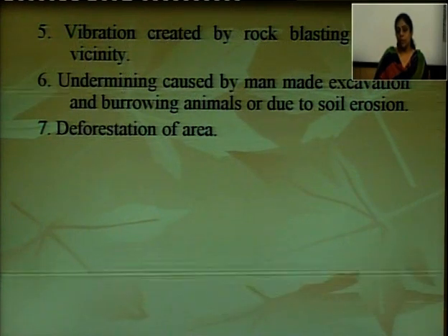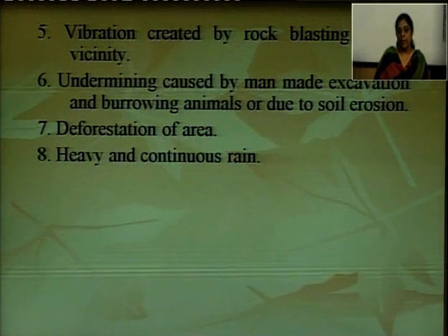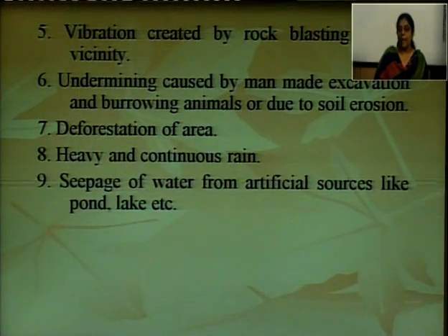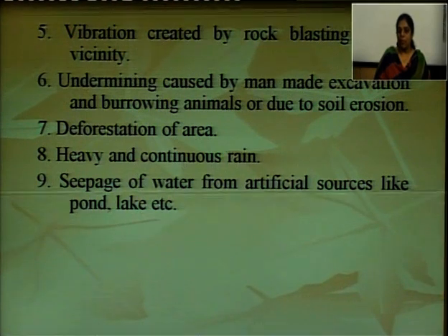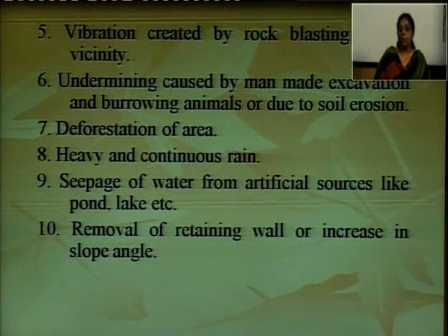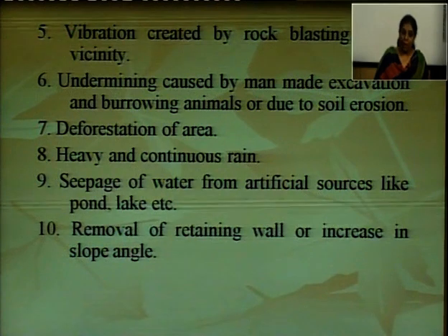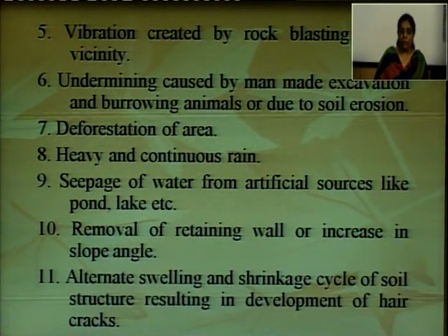Heavy and continuous rains are also one of the causes. Then seepage of water from artificial sources like ponds, lakes, etc. Then removal of retaining wall or increase in slope angle.